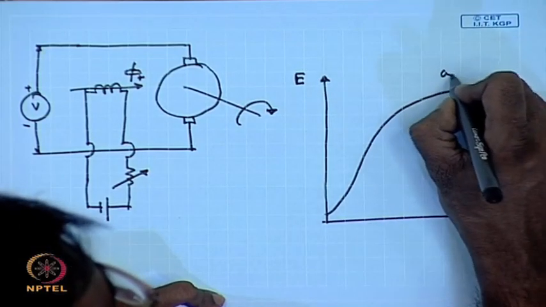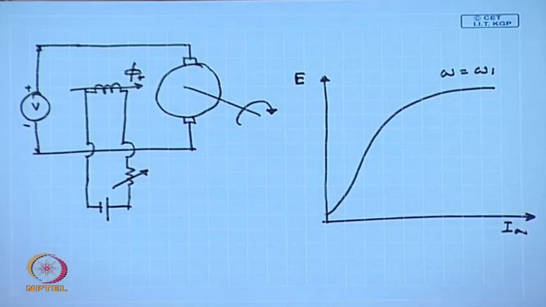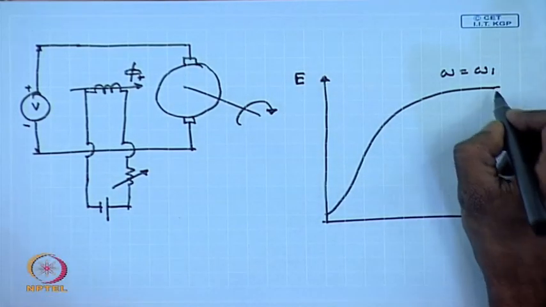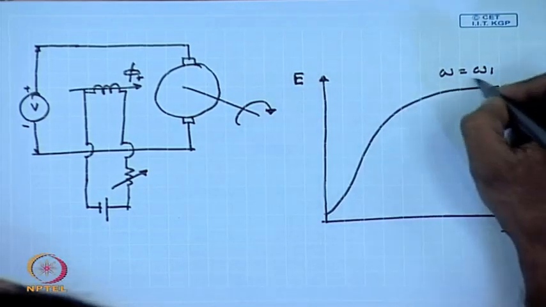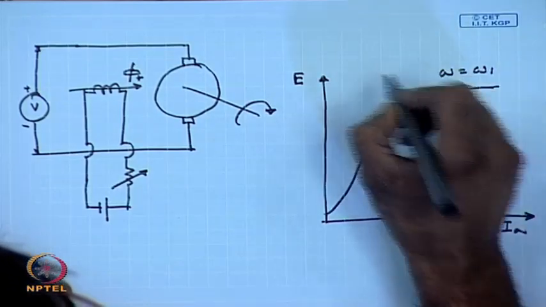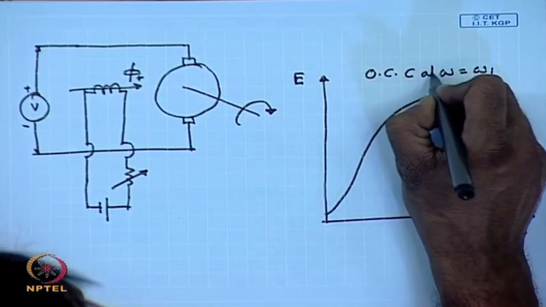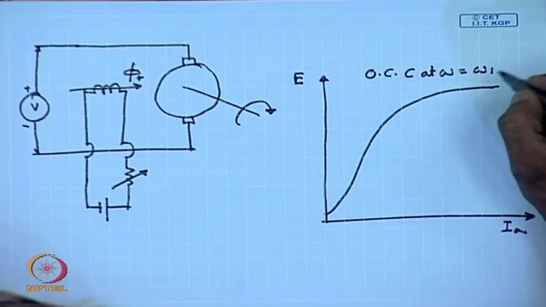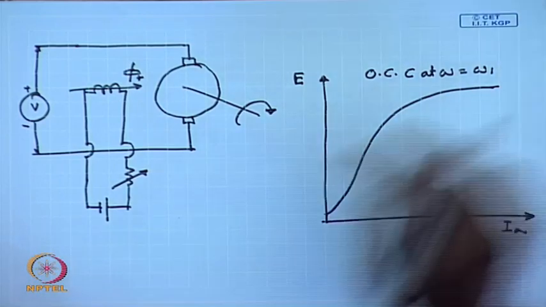At omega equal to omega 1. We know that the induced voltage is proportional to the rotational speed, therefore, OCC at any other speed can be obtained by simply scaling one OCC by the ratio of the speed.